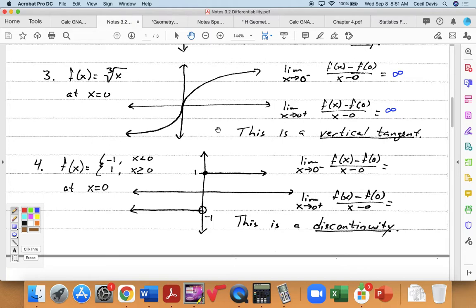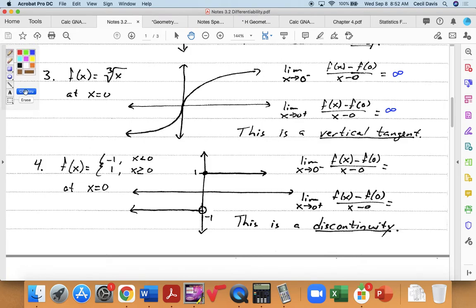All right, now let's take a look at this one. We've talked about this a little bit. So this is f of x is equal to -1 for x less than or equal to 0, and 1 for x greater than or equal to 0.